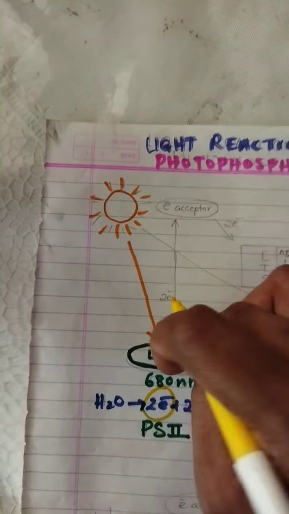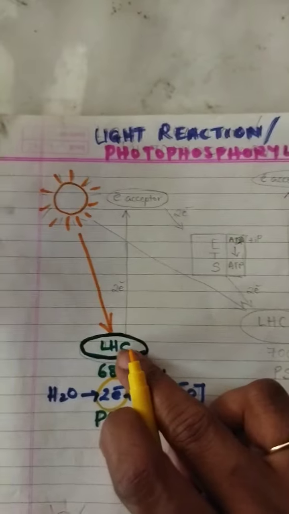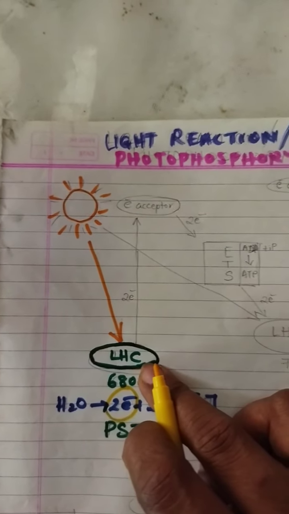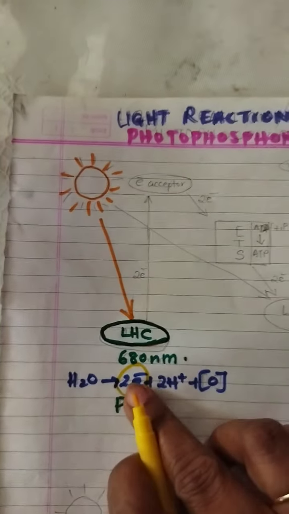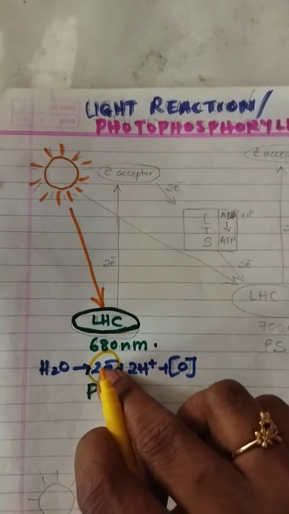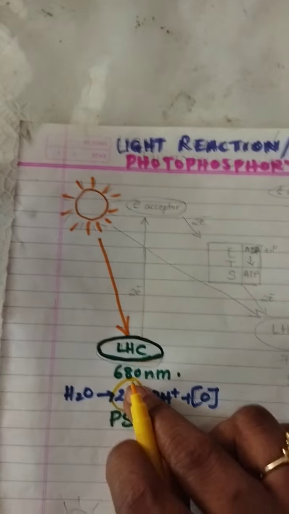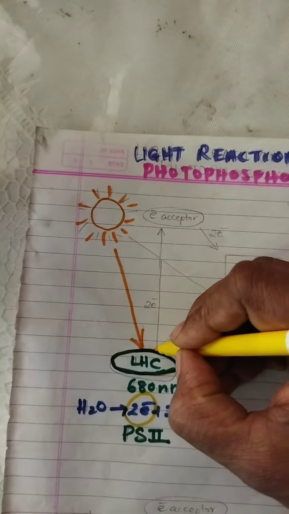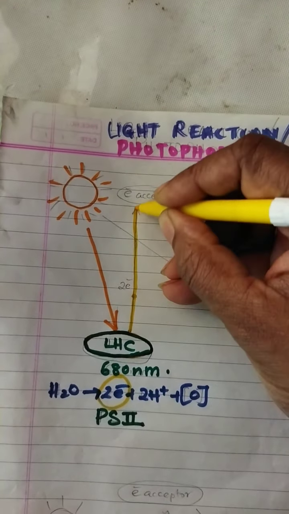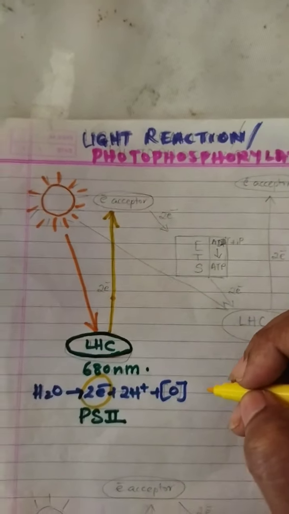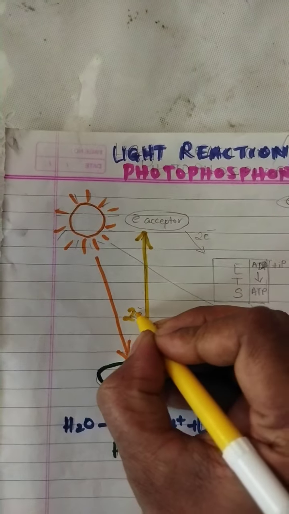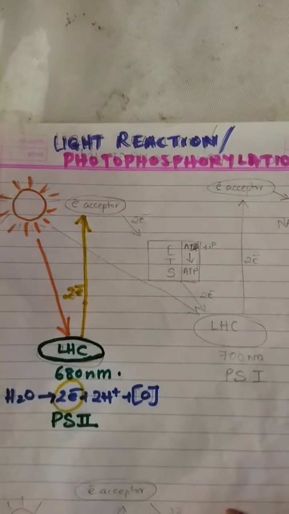The sun's energy, which is absorbed at light harvesting complex, excites these two electrons and they go into a higher energy state. So we shall represent the higher energy state by showing the arrow upwards. Okay, so two electrons are excited here.